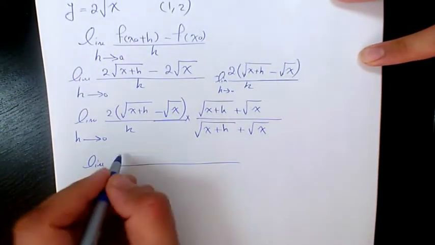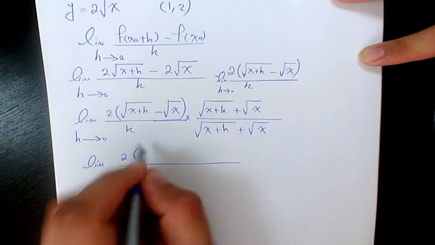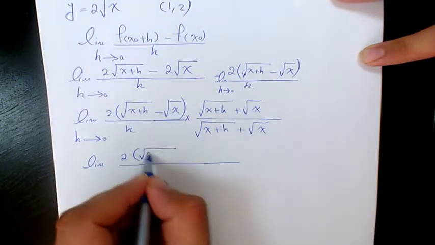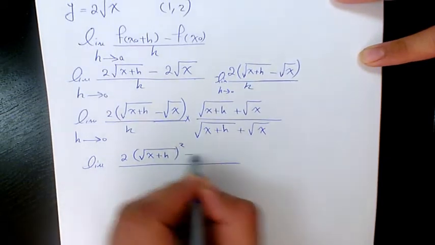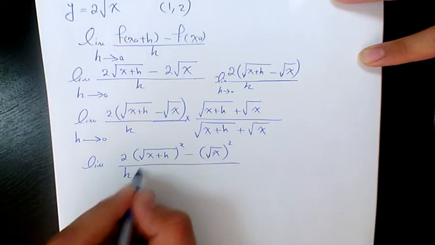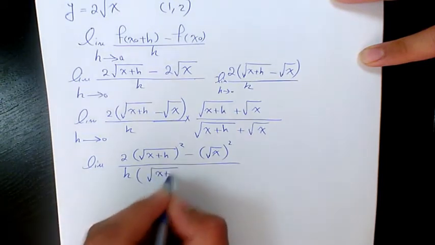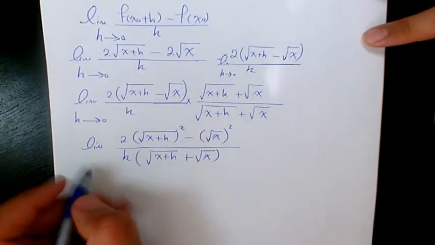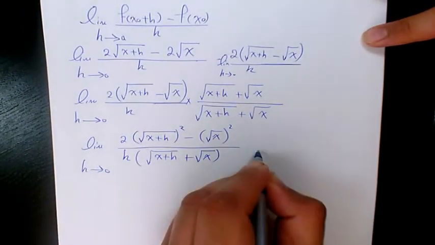So it is going to be 2 times, that's going to be the difference of squares, so it's going to be x plus h to the power of 2 minus root x to the power of 2 divided by h times root x plus h plus root x, when h approaches 0.